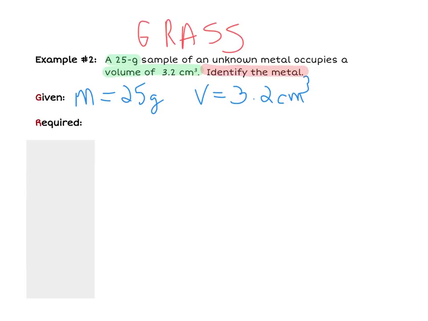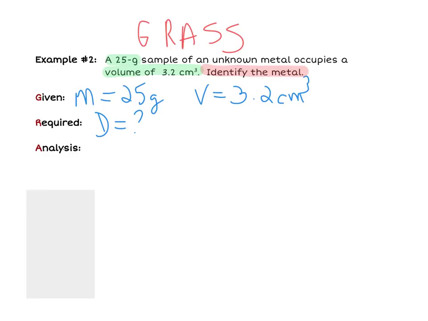Well, the characteristic physical property that's going to help me to identify the substance, the metal that I have, is density. So my unknown in this case is density. I'm going to write out D equals and then a question mark. That is what I'm looking for. And I'm going to use the chart on page 193 with the density values to help me pinpoint exactly which metal it is that I'm looking for.